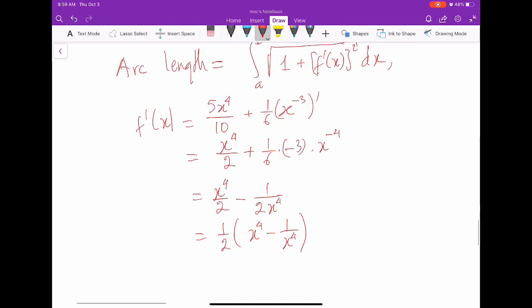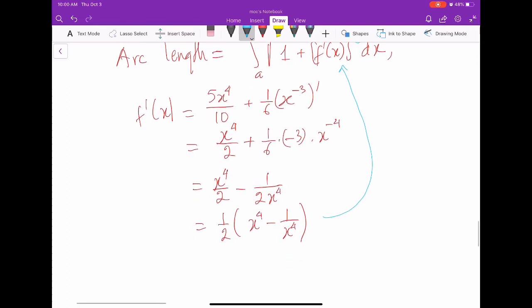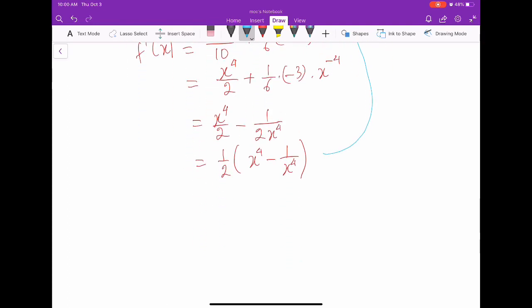Now I will not substitute this right away into the integral. I will find the square of the derivative, because I want to work with the function first.